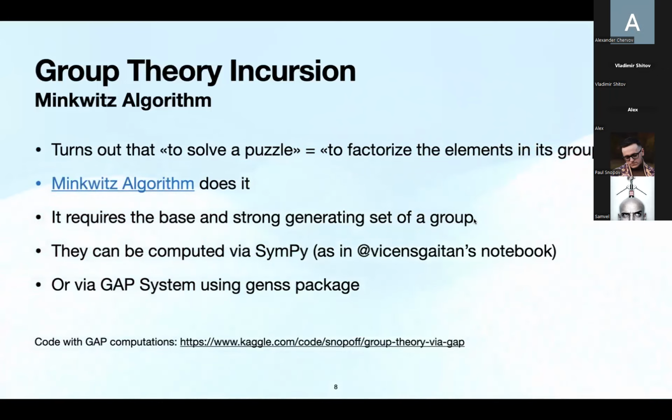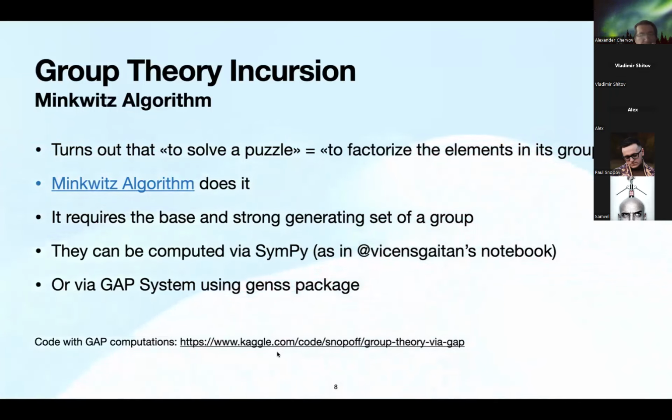For example, GAP with a package called DNSS, I suppose, computes the base and the SGS quite fast. It uses some random techniques to do that. The code with these computations is below. And we, with Maxim, I suppose, who was in this Zoom meeting, used the strong generating set and base from GAP to optimize solutions.